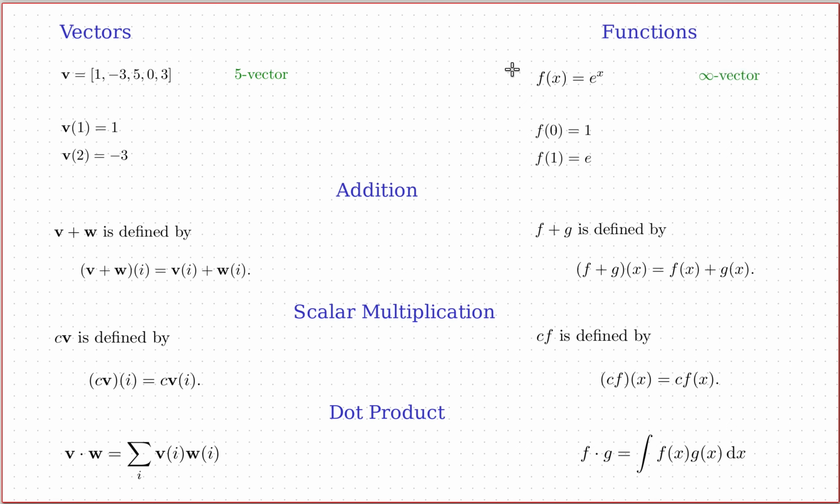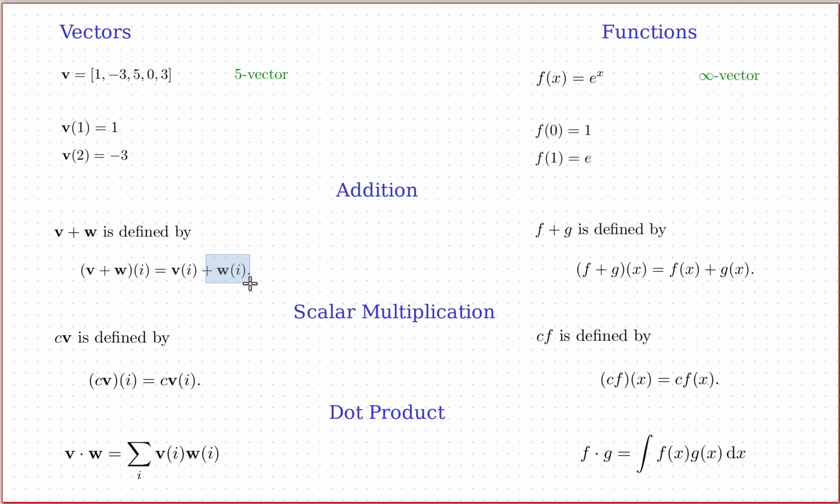With that understanding, you can actually perform all the usual operations on functions that you associate with vectors. For example, you can add 2 vectors. Addition on vectors is defined component-wise. I mean, there's a geometric interpretation also, but you can define it component-wise. You say that v plus w is the vector whose ith component is equal to the ith component of v plus the ith component of w.